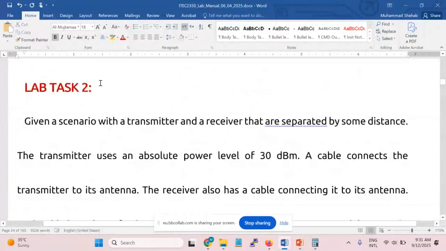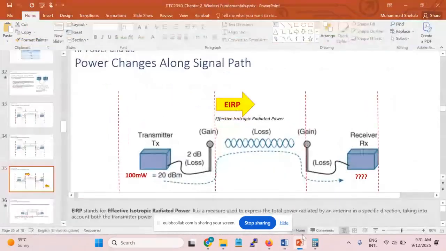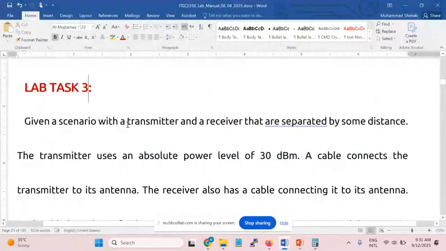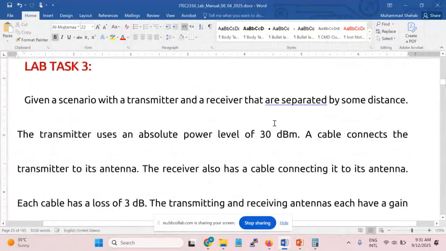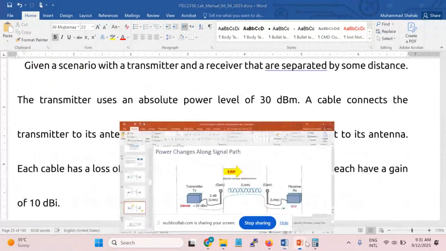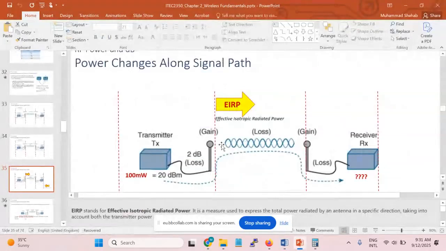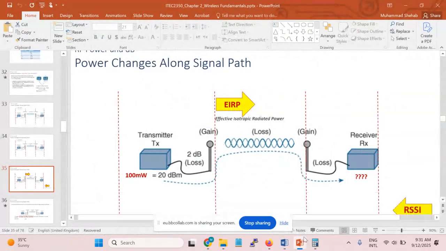Let us start. This is lab task number 3. Given a scenario, I'll use this block diagram. Given a scenario with a transmitter and a receiver that are separated by some distance, there is distance between the transmitter antenna and the receiver antenna.